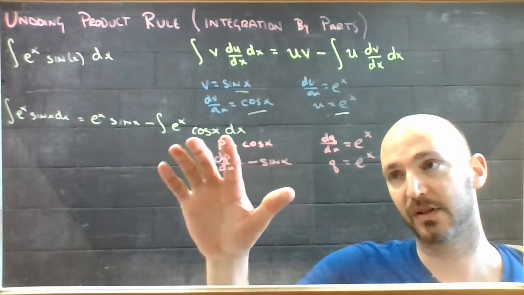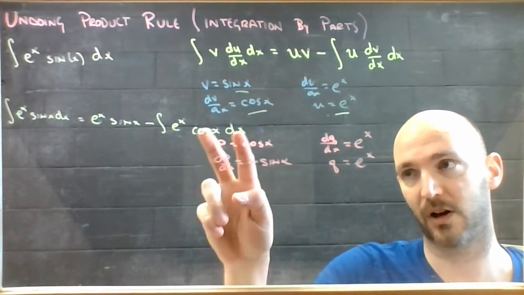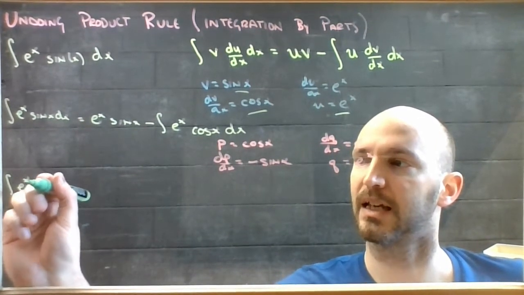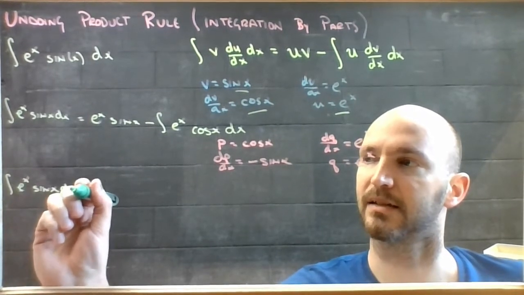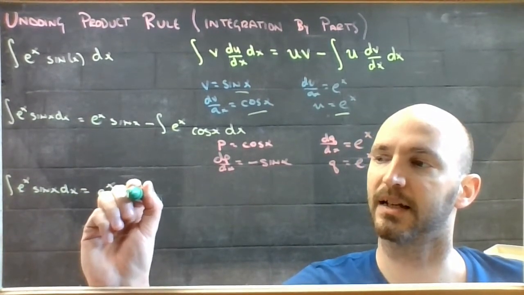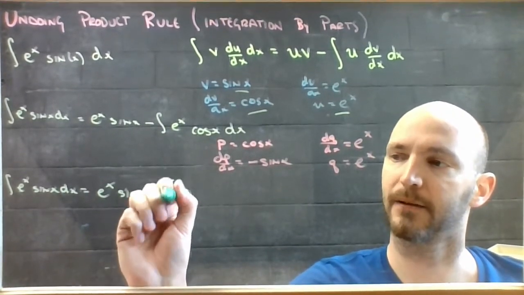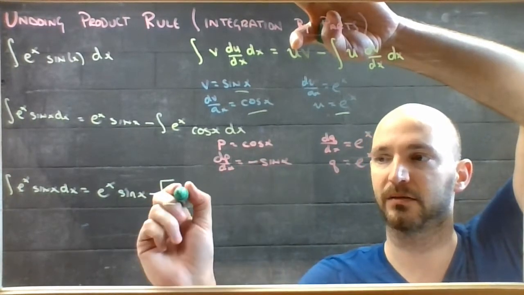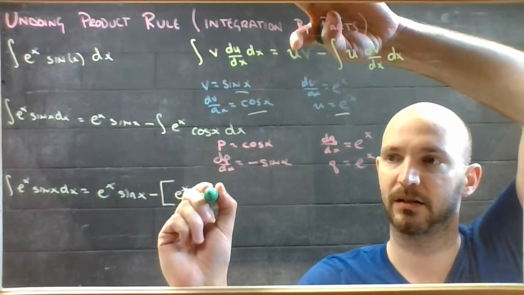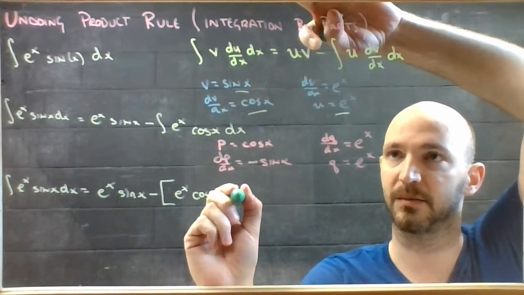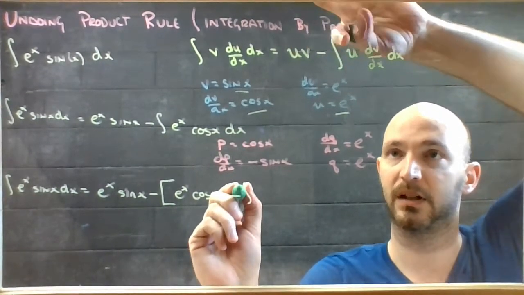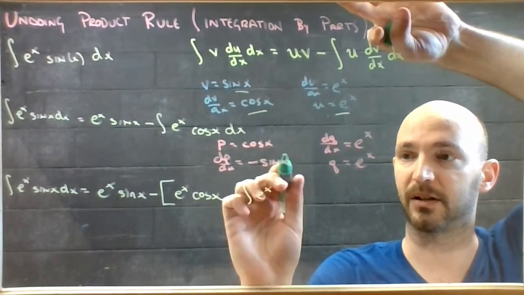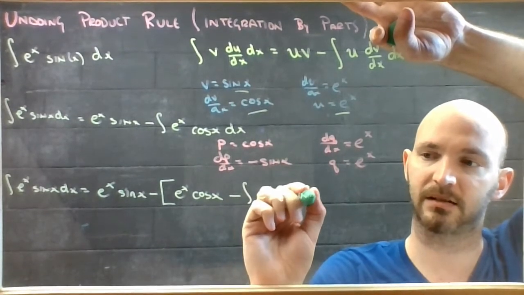So I'm going to use integration by parts a second time on this particular integral. So I will end up with an integral of e to the x cos x dx equals e to the x cos x minus the integral of the u part, which is here, e to the x, and the dv dx part, which is here, negative sine x dx.